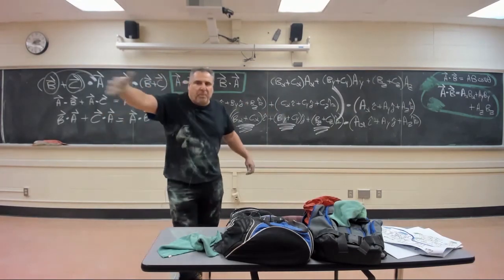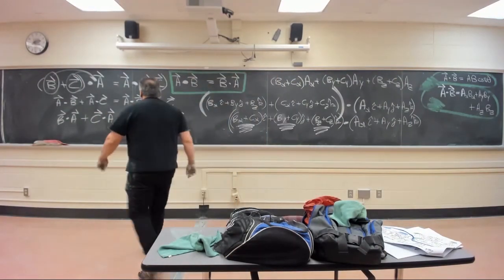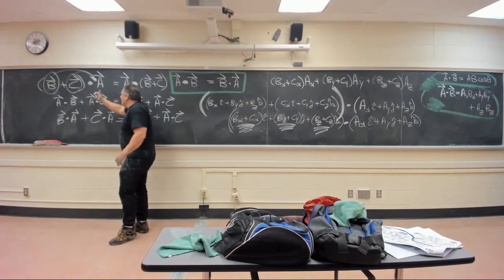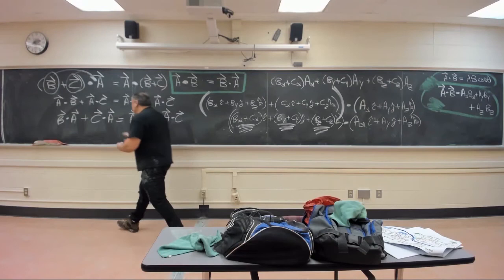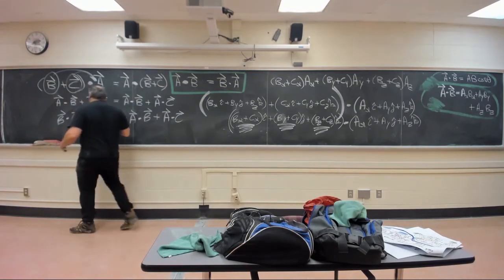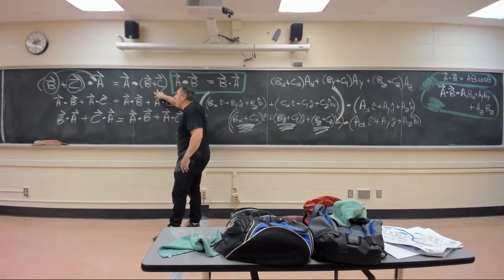By induction, you could play the game that way, and still prove it that way. This is easier, though. You just reverse them and say it's got to be the same thing. And then I could make this as big as I want.